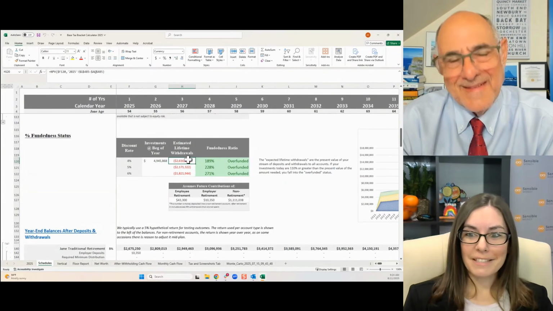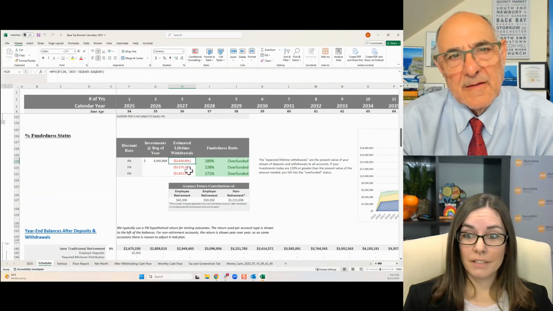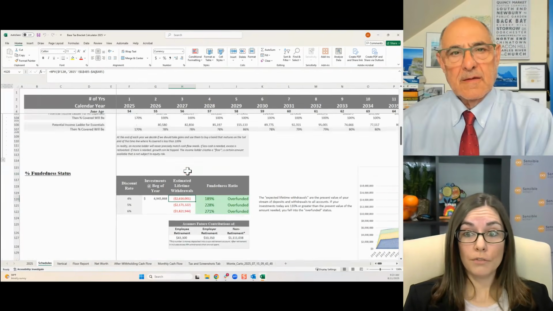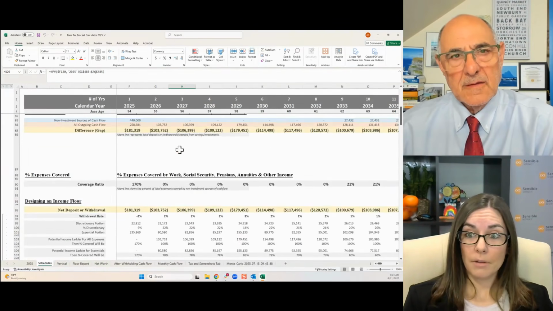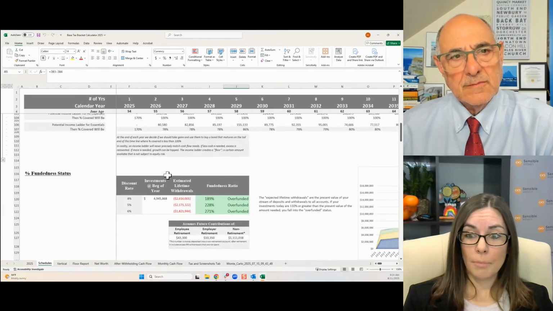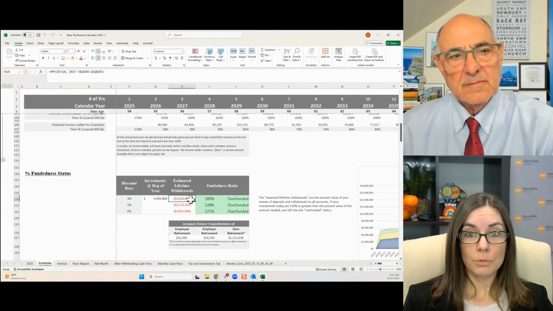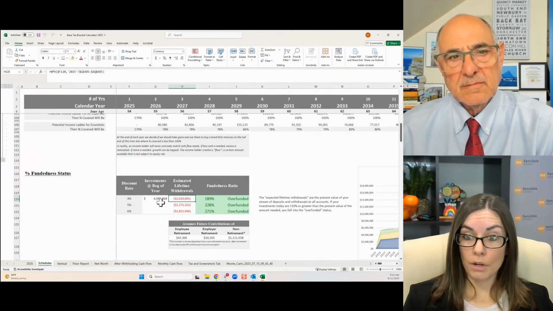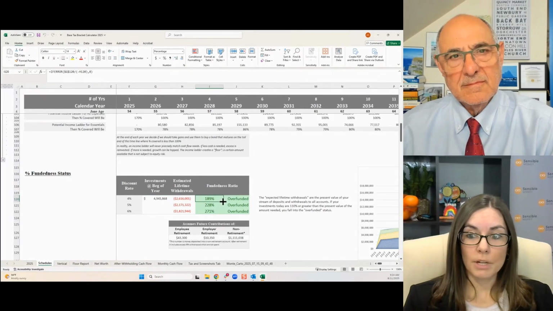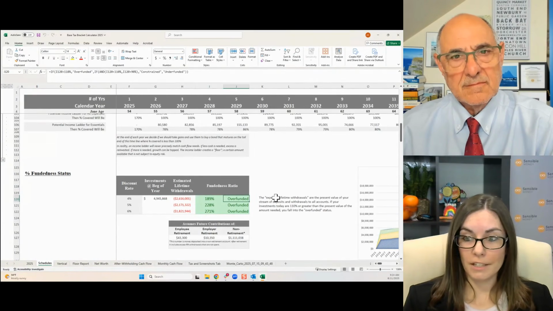So what this is saying is that for this particular client to fund all of her future withdrawals, so back up here, all of these withdrawals in yellow, she would need about $2.6 million if her portfolio averaged 4%. If she had $2.6 million, she would have 100% of what she needs, but she has more. She's got almost 5 million. And so she has almost twice as much, 189% of what she needs, meaning she's overfunded.